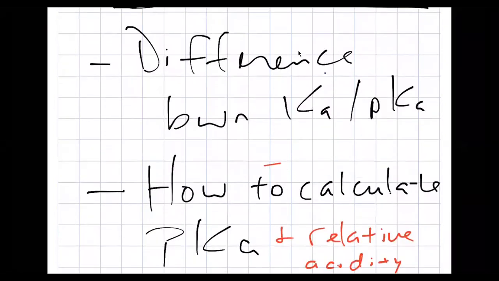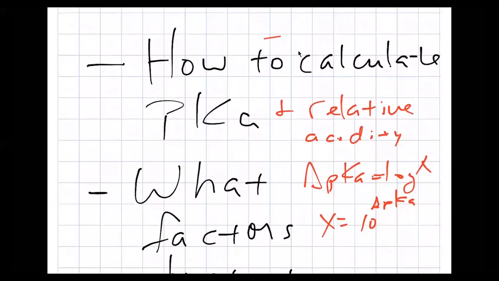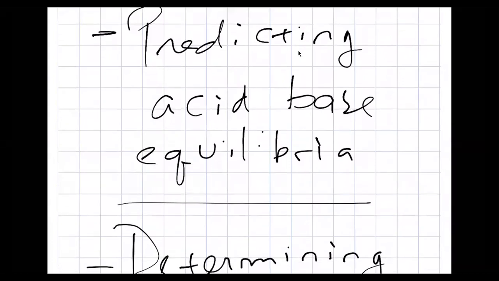So we're going to learn the difference in Ka and pKa, which we'll do in a minute, how to calculate pKa, and then how to determine what's called the relative acidity if you're comparing two acids, determining how much more or less acidic one acid is than the other. We'll talk about the factors that dictate pKa, and then predicting acid-base equilibrium.